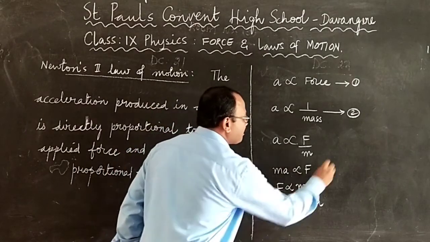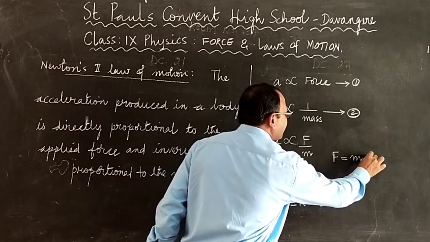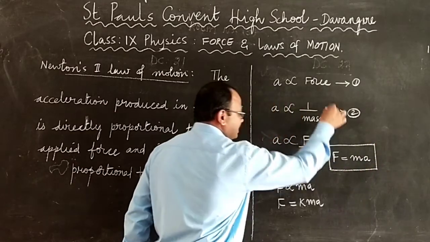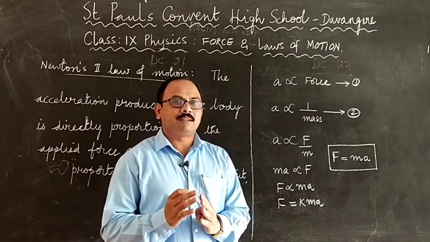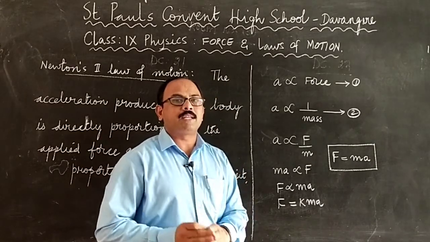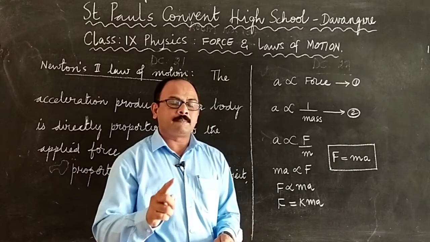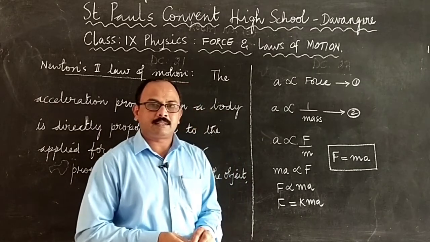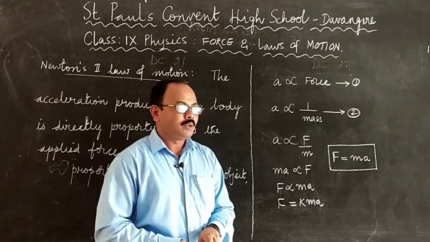Therefore, this equation becomes, children, F is equal to M into A. This is another important formula that we need to remember when we work out problems based on force, mass and acceleration.